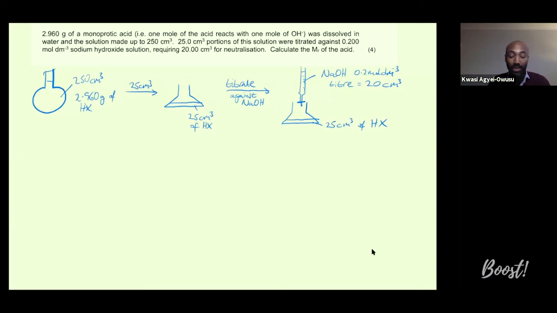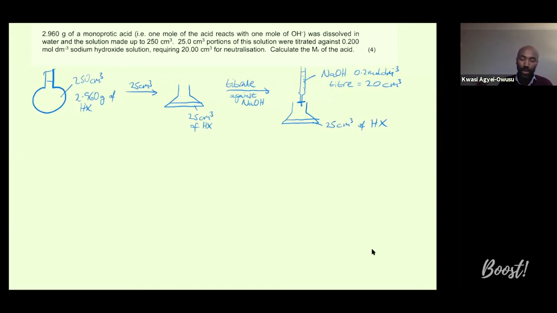So 1 mole of the acid reacts with 1 mole of OH minus ions. It's dissolved in water and the solution made up to 250 centimeters cubed. 25 centimeters cubed portions of this solution are titrated against 0.2 mole per decimeter cubed sodium hydroxide solution, requiring 20 centimeters cubed for neutralisation. And we're required here to calculate the Mr of the acid.